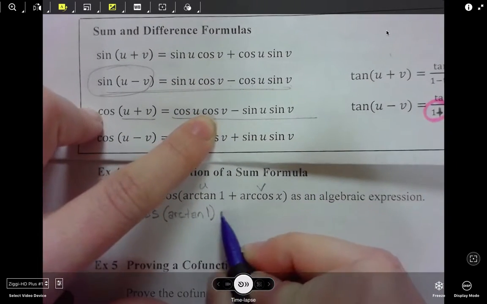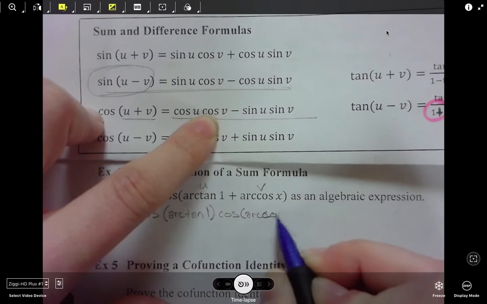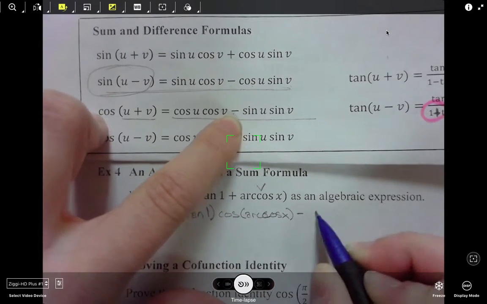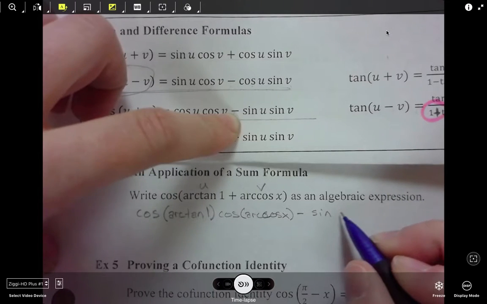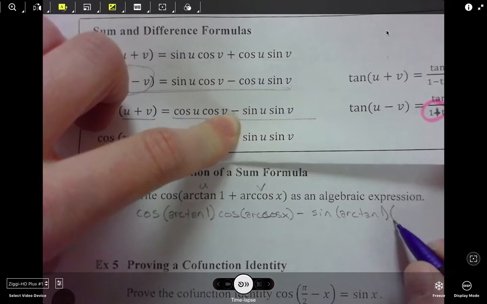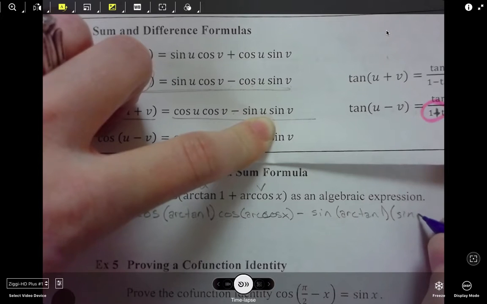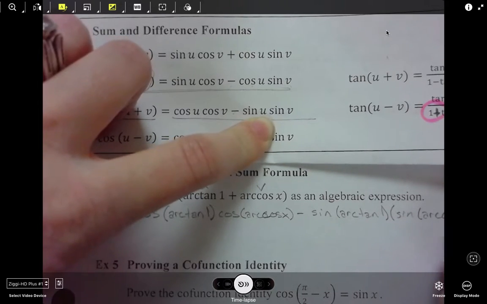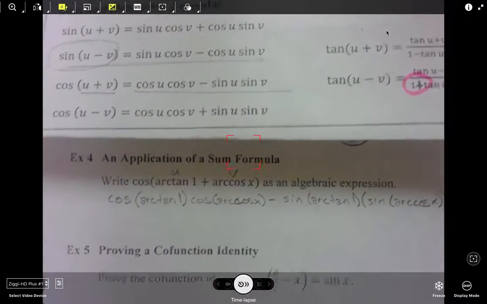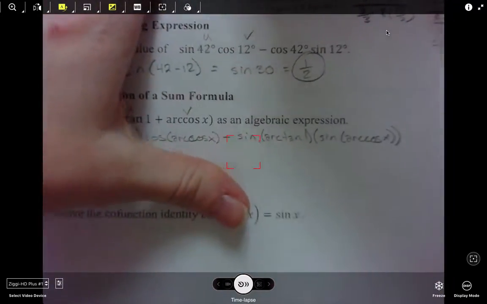Times cosine of v, which is cosine of arc cosine x, and then minus from up here, minus sine of arc tangent of 1 times sine of arc cosine of x. Okay. I don't think you're going to get something that's this ugly on your homework assignment, but I'll go through this one just to show you what it will look like.